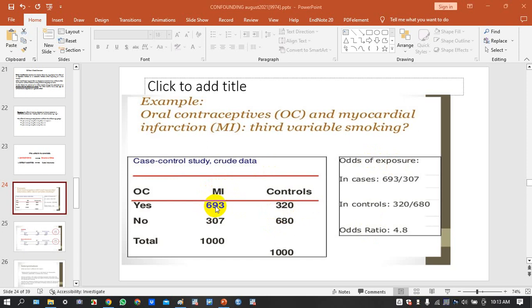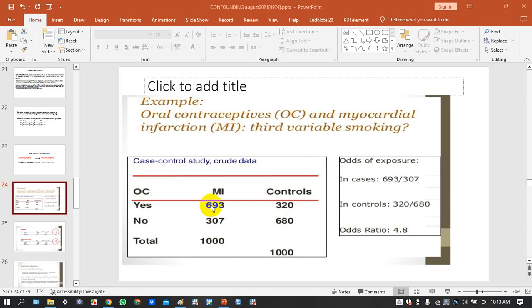Like I said, you multiply diagonally. So 693 times 680 divided by 307 times 320 will give us 4.8, or 693 divided by 307, divided by 320 divided by 680. Let me take it again.